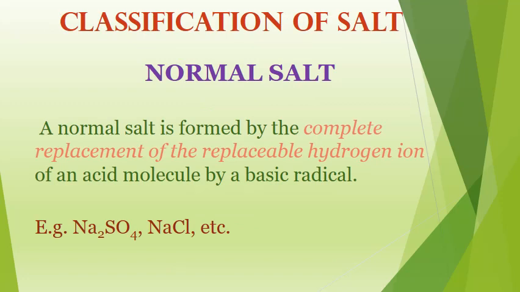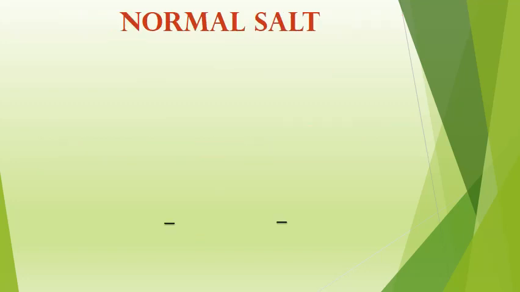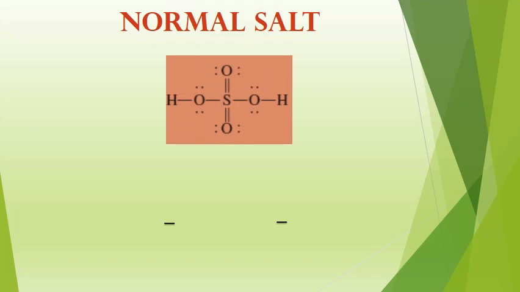So the first type, a normal salt. A normal salt is formed by the complete replacement of the replaceable hydrogen ion of an acid molecule by a basic radical. So let's see, we have a sulfuric acid molecule here. This sulfuric acid has 2 replaceable hydrogen ions.